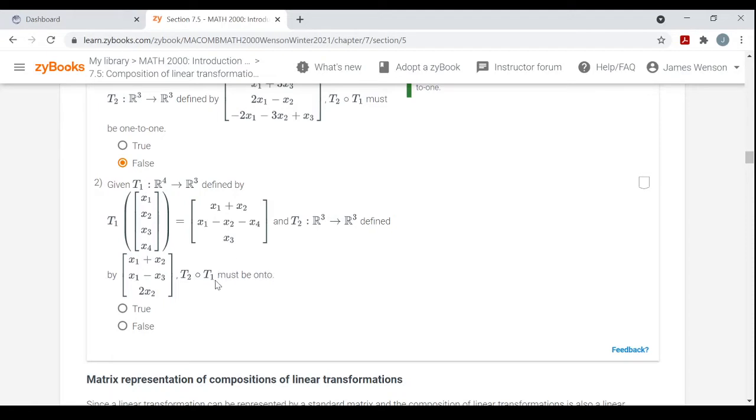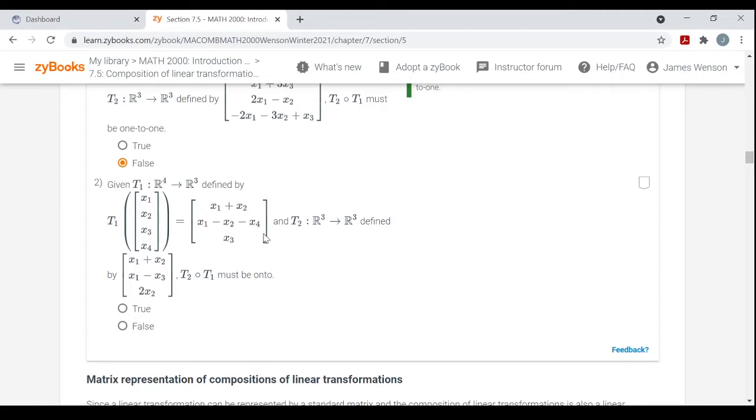So I'm running through T1 first. Would this be onto R3? If I'm thinking matrix-wise, if you were to make a matrix representation of this, just coefficients of x1, x2, x3, x4, you'd have 1, 1, 0, 1, negative 1, 0, 0, 0, 1, 0, negative 1, 0.